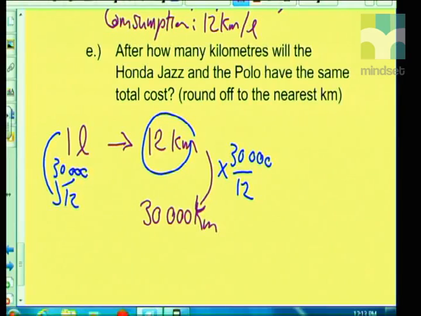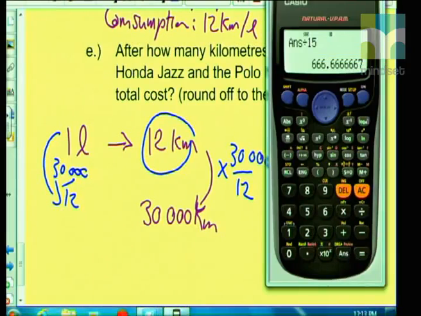Now, let's do that on the calculator so that we can get the right answer. Pull up the old calculator, clear it from the previous time, and we're going to say we've got 1 divided by 12 multiplied by 30,000.